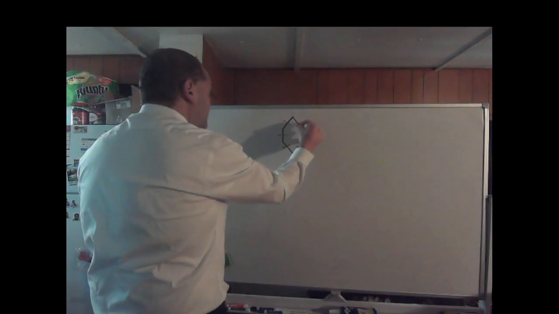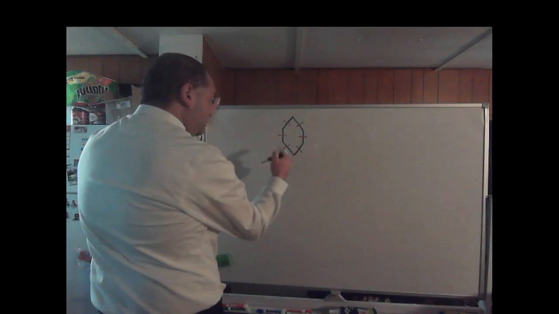Let's draw the tick marks around this one. Of course, we still have a convex polygon, because that's all we're dealing with.